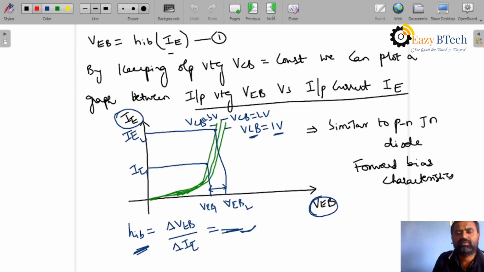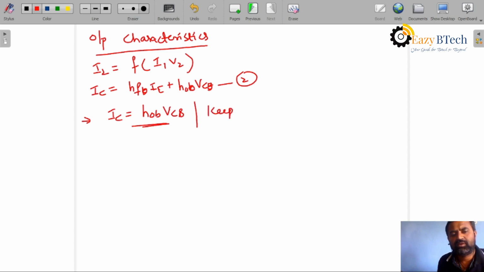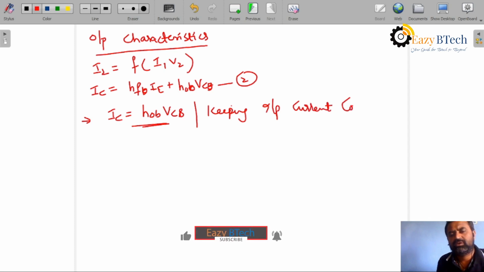Okay, means we will write IC is equal to HOB into VCB, keeping input current constant. Input current is IE.